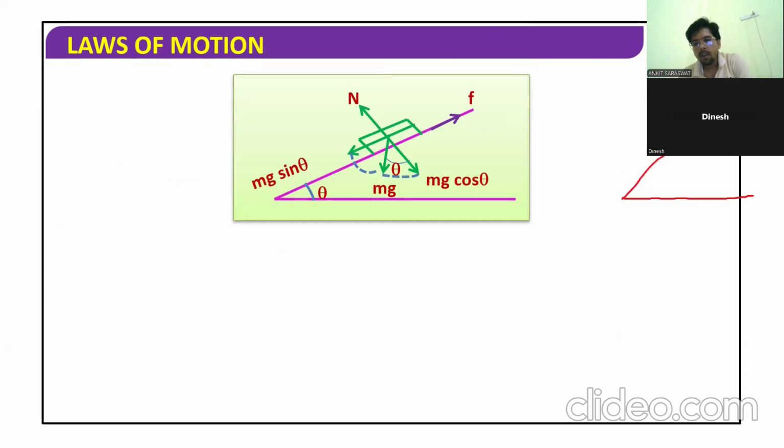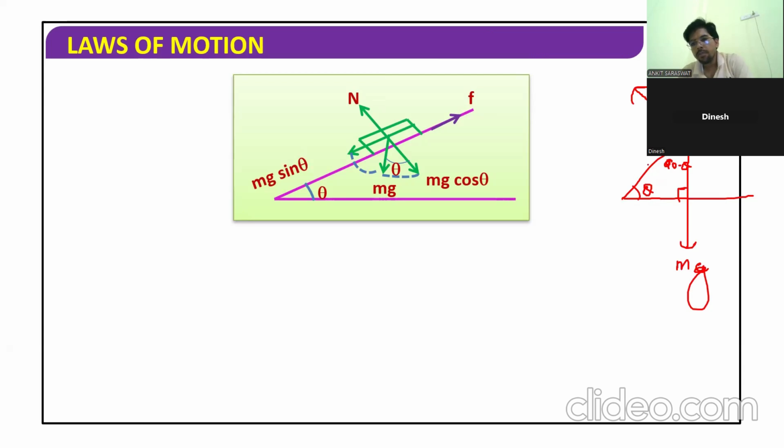On this inclined plane, this block is placed like this. One is gravity, mg. This is theta, this is 90 minus theta. This is normal.